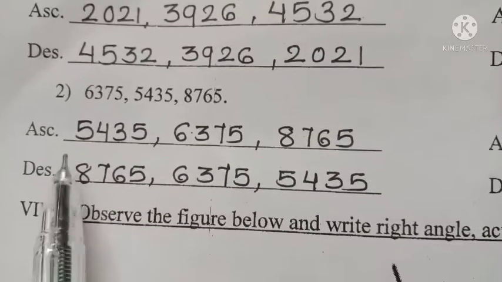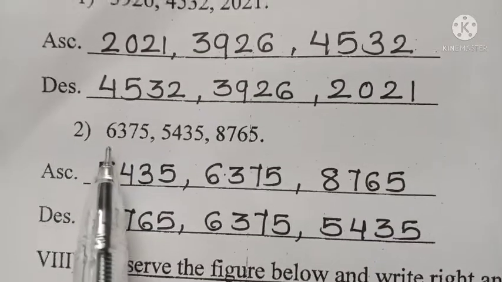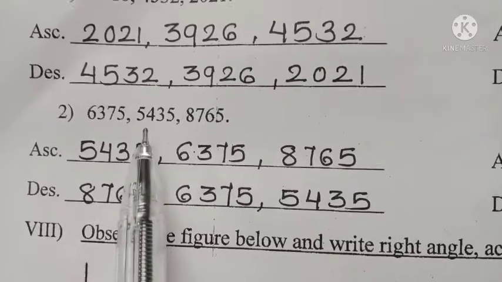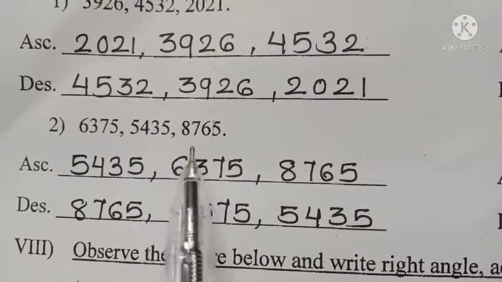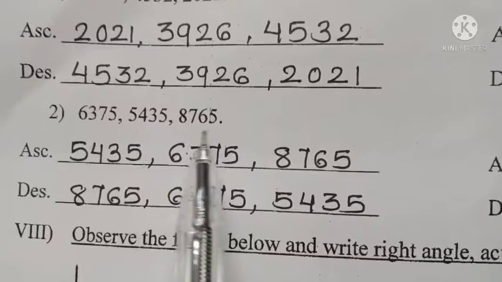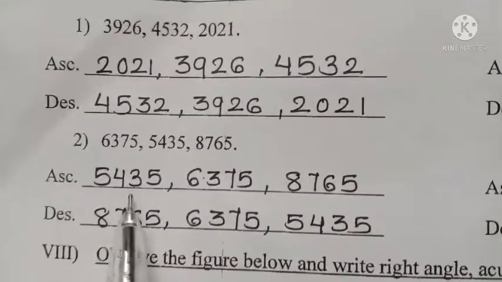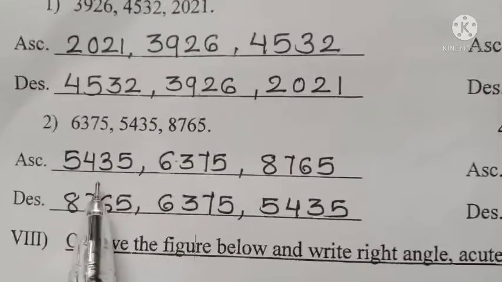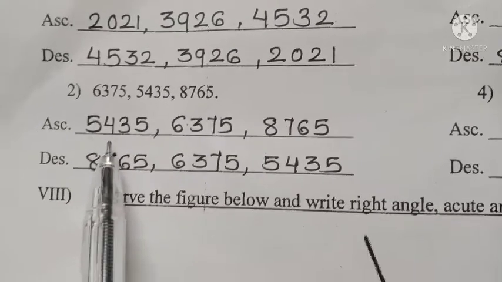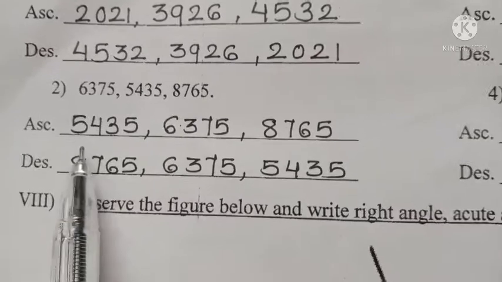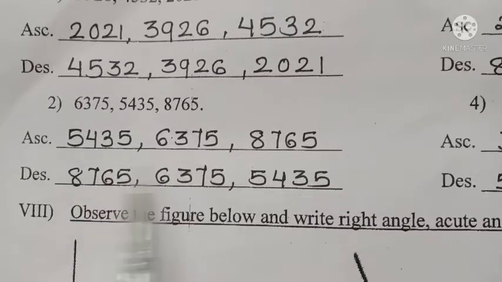Now see this question number 2 here. Given the question 6375, 5435 and 8765. So in this you will see that 5435 is the smaller number. So this will write first, because ascending order we have to write down the number from smaller to bigger.